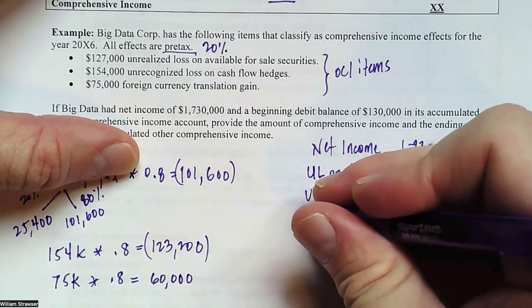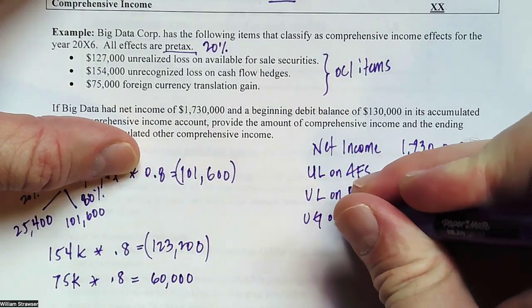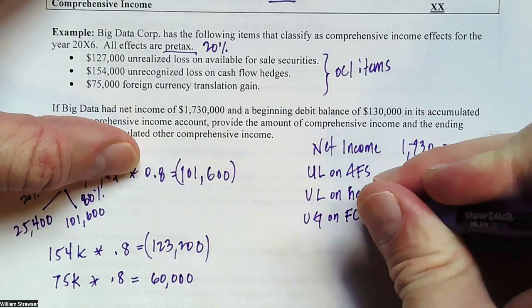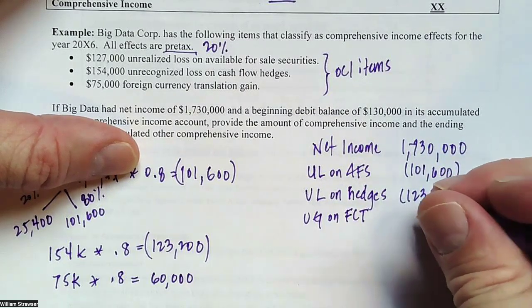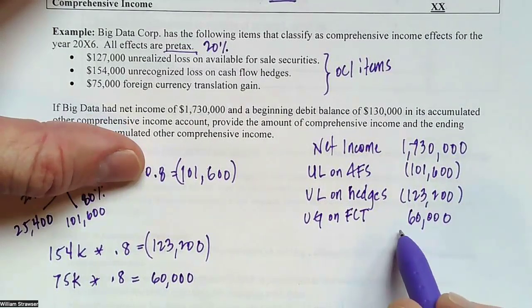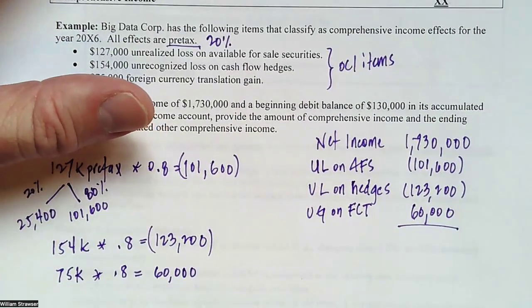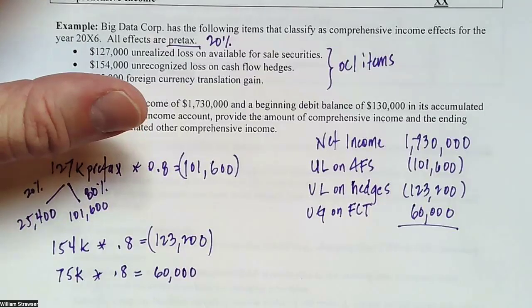And then we would have our unrecognized gain on the translation of foreign currencies, 60,000. And then I just add all these up.